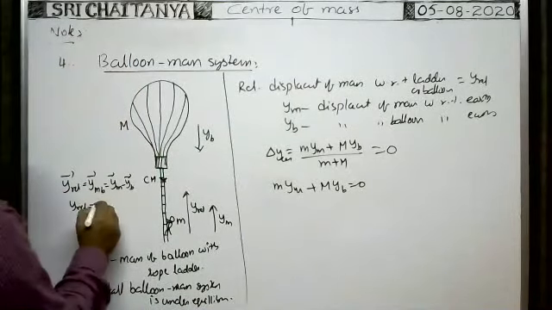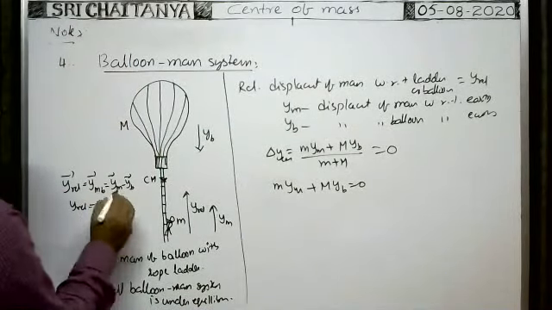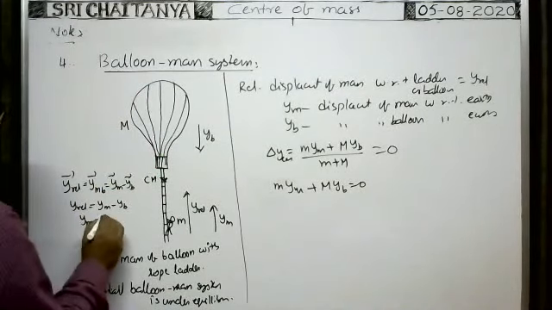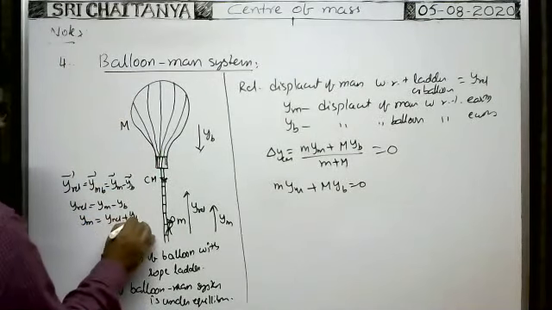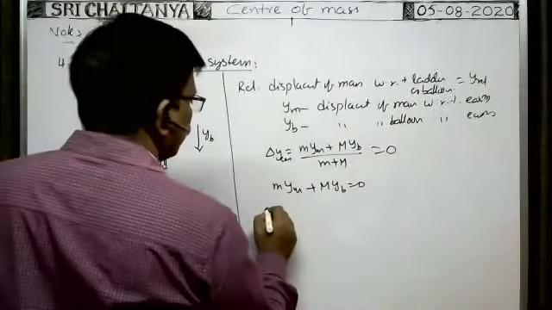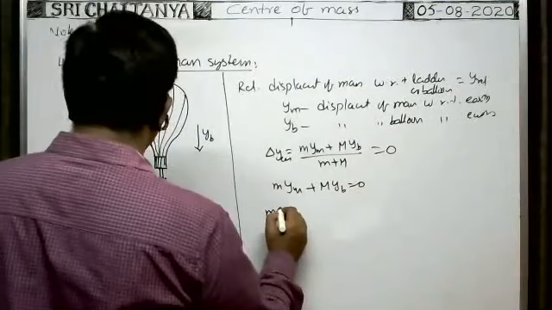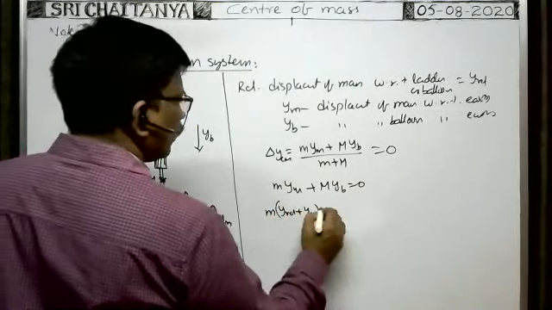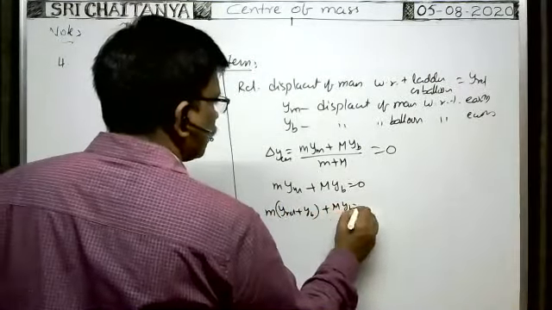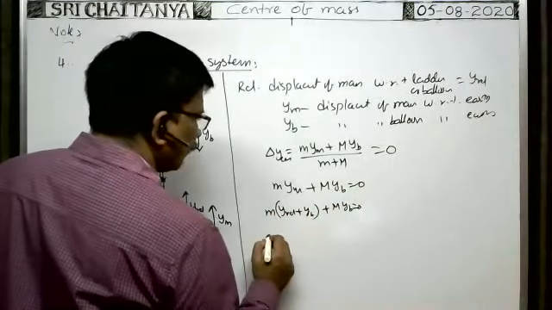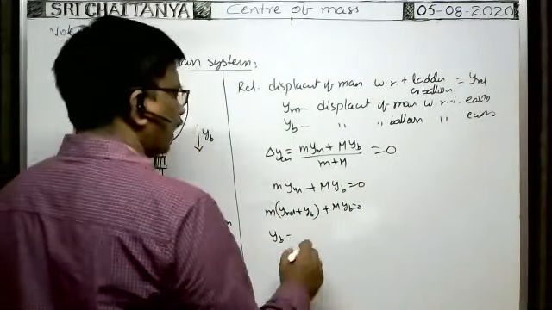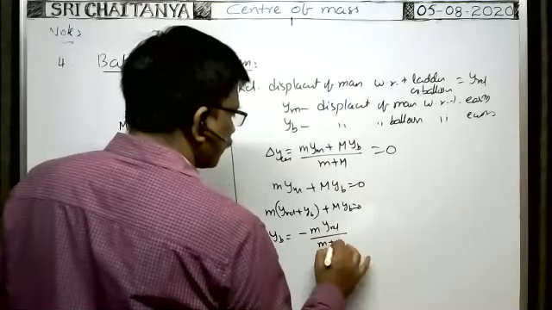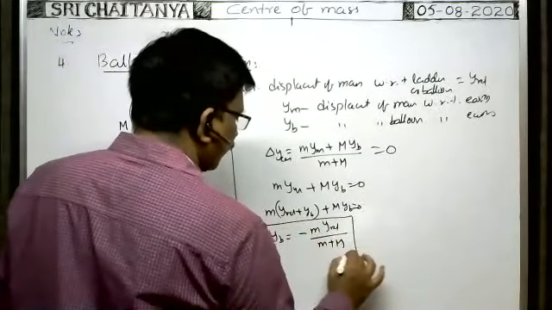Next, what is the yM value? yM is equal to y relative plus yB. Here m into (y relative plus yB) plus M into yB is equal to 0, or yB is equal to minus m into y relative by small m plus capital M. It is the displacement of the balloon.